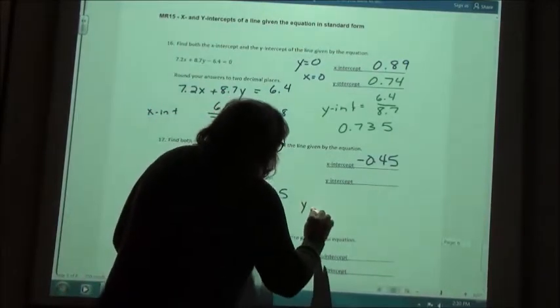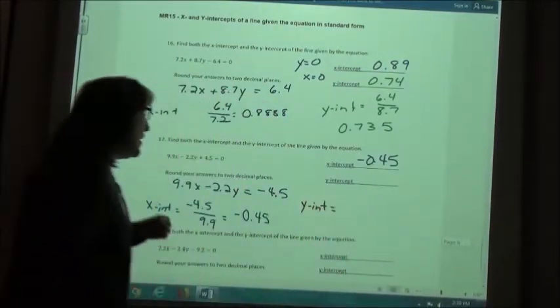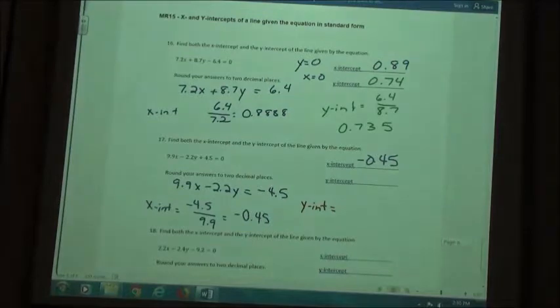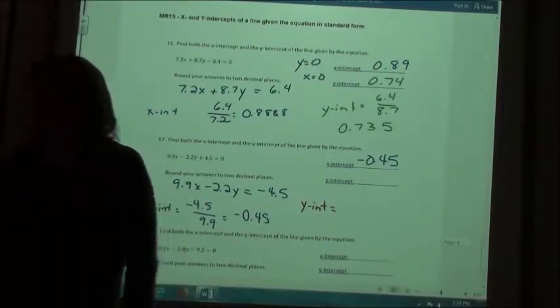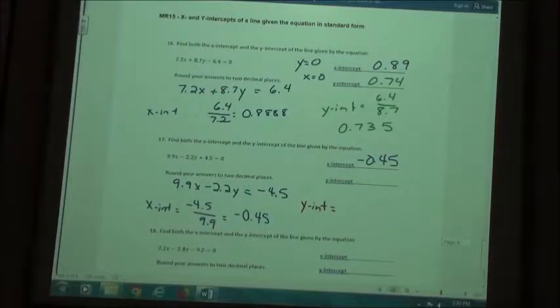To find my y-intercept, what would I do? You guys are already busy doing it.